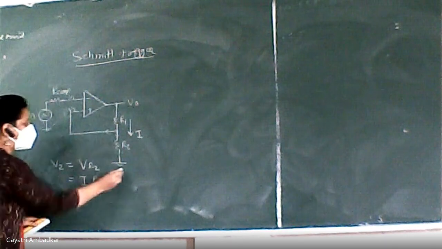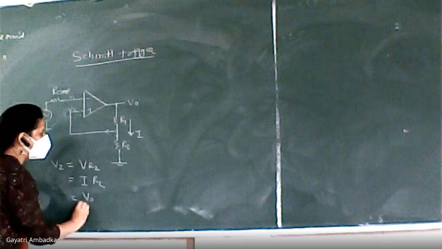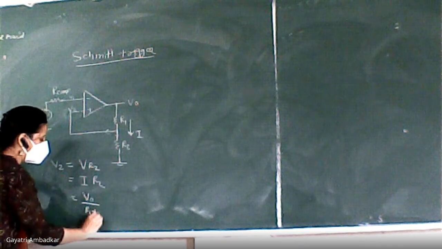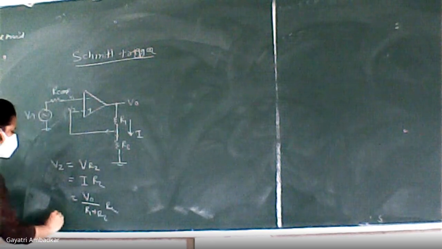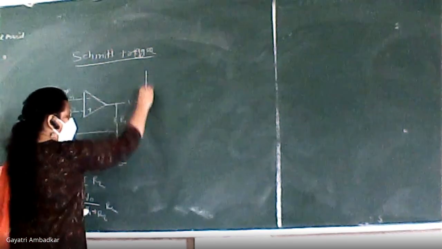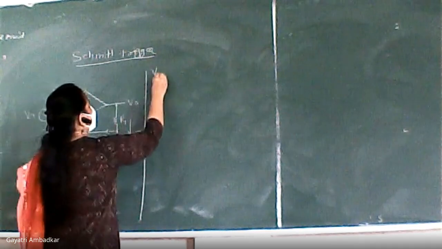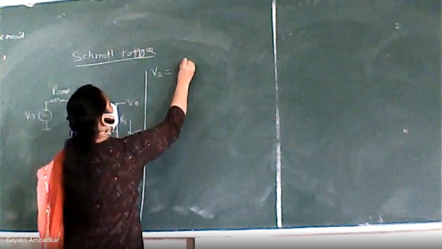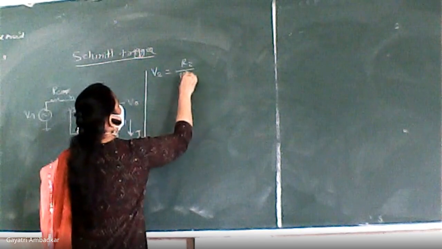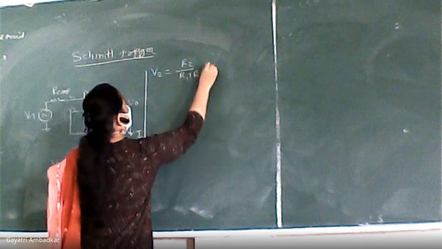So this is 0 voltage. So I is equal to VO upon R1 plus R2, and VR2 is I into R2. Or I will write V2 is equal to R2 upon R1 plus R2 into VO.